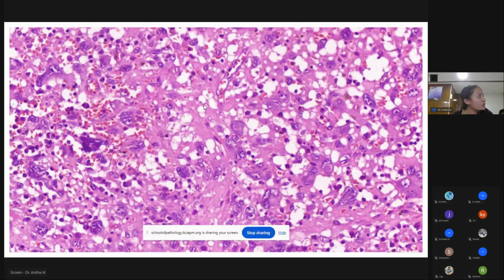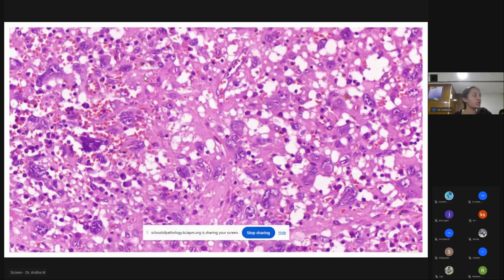These pseudo inclusions are nothing but entrapped cytoplasm. Lot of multinucleated, bizarre appearing cells. Along with these cells, there is a mixed inflammatory infiltrate comprising plasma cells, lymphocytes, neutrophils, and mast cells, and there are vessels around which these cells are seen.